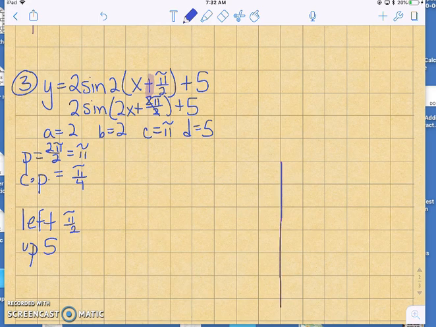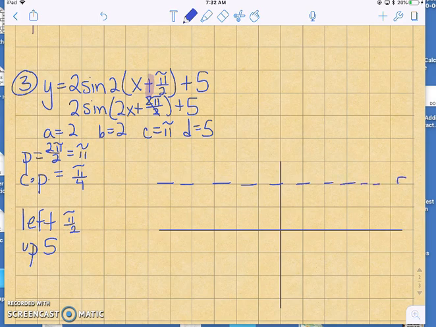So our graph here. Our midline, it moved up 5, and I don't want to count up that far, so I'm just going to put a little mark here. And I'm going to say that that's 5. Our amplitude is 2, so maybe I'll just put one.